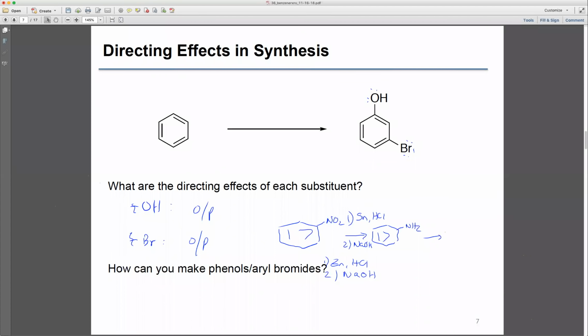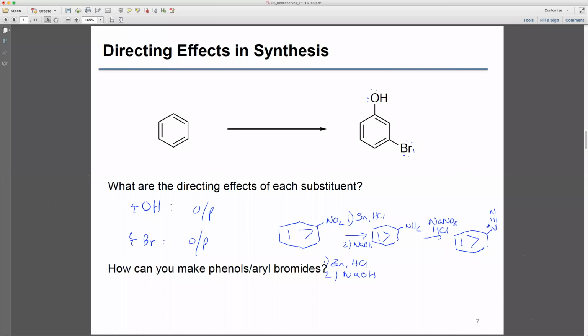And then we can take that amino group and turn it into a diazonium salt. That is the N triple bond N group here that we highlighted on Monday, I guess it would have been. And this is carried out with NaNO2 and acid. And from the diazonium is where we have access to a number of other functional groups.